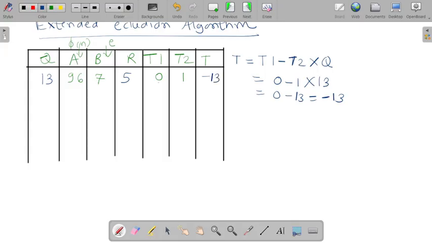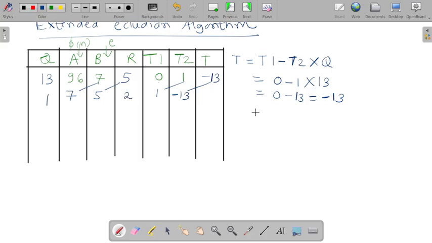Now we have to shift the values. After shifting, you will get 7, 5, 1, and minus 13. Again we solve 7 divided by 5: our quotient is 1, our remainder is 2.